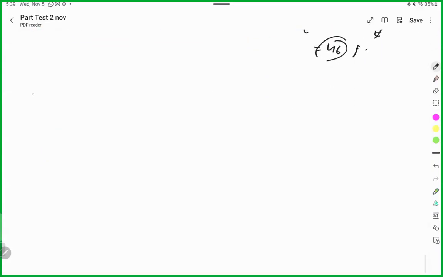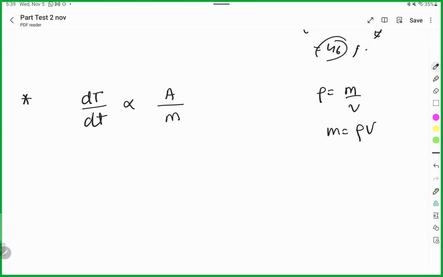What was the question number? Rate of change in the temperature directly depends upon the area and inversely depends upon the mass. You know density is equal to mass by volume, so mass will be density into volume. So it will be area over density into volume.